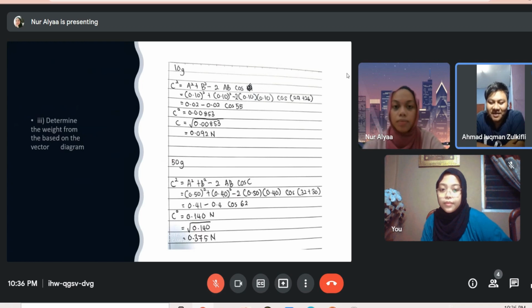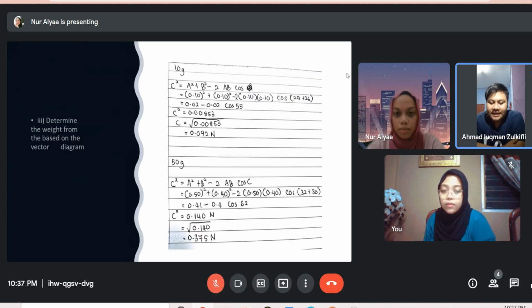To find weight based on the vector diagram, first thing first, you must know and use the equation c to the power of 2 equals a to the power of 2 plus b to the power of 2 minus 2ab cos C. For your information, angle C is opposite to the side c, and then you must know and find angle C, which is the balance angle at the second quadrant and the balance angle at the third quadrant.